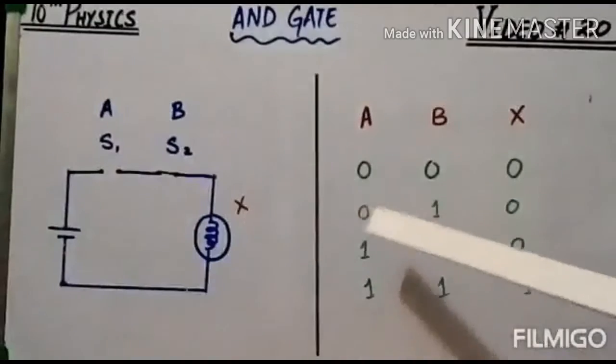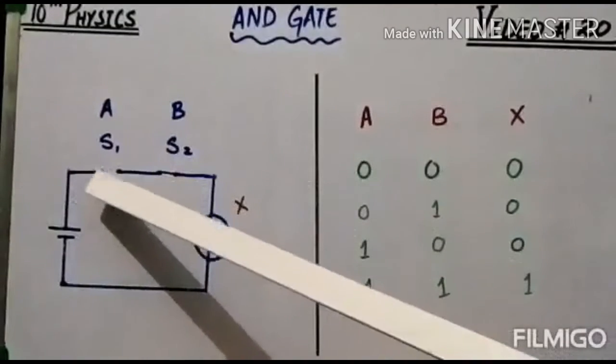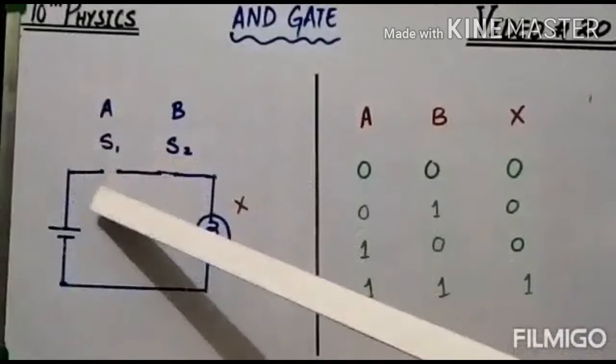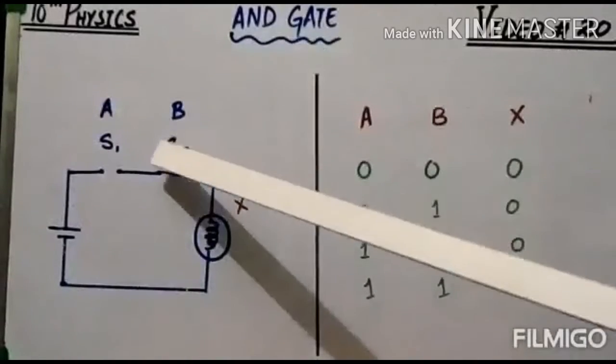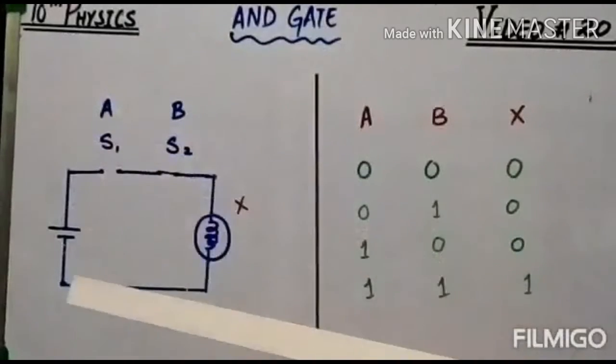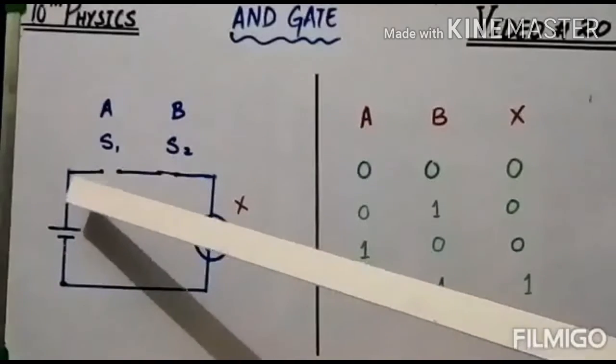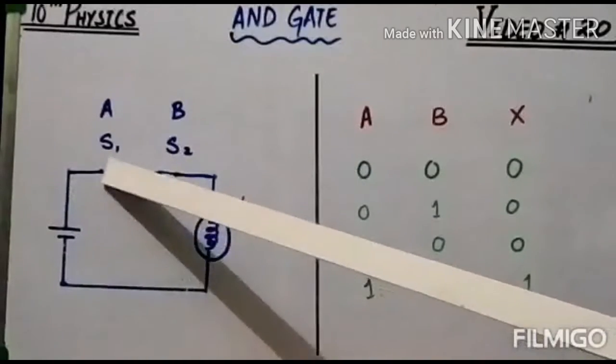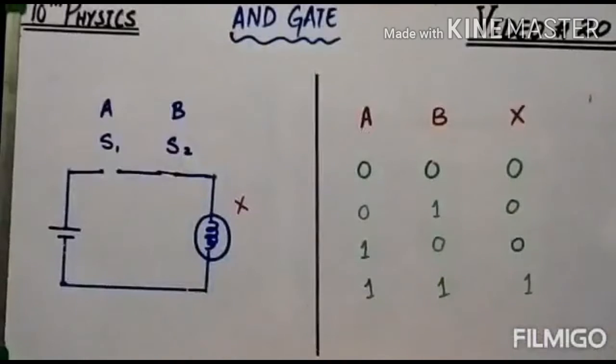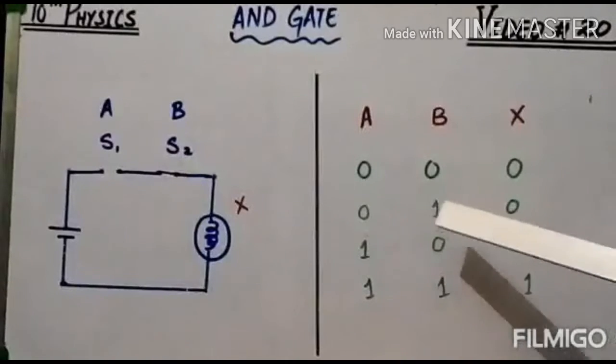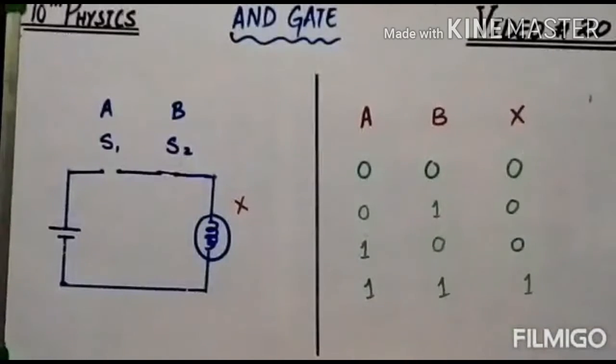In situation 2, input A is 0 as switch S1 is open and input B is 1 as switch S2 is closed. Again you can see that the current will not flow as there is a gap in the circuit, so circuit is not closed and the bulb will not glow. For 0 and 1 the output will be 0.